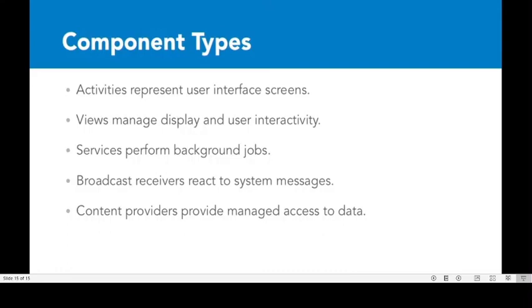So not every app uses all these components. The simplest business app uses data storage and simple input and output, while more complex apps incorporate background services and content providers. So it's up to you as a developer what your app needs and what elements of the Android platform you want to use.